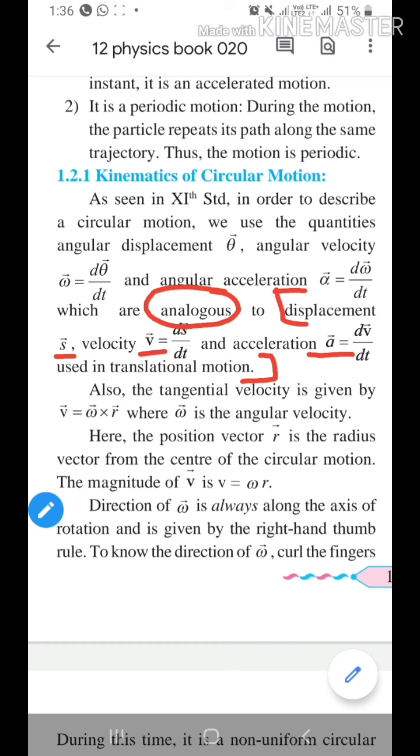The word analogous is important. It shows that the quantities from circular motion are similar to quantities from linear motion.